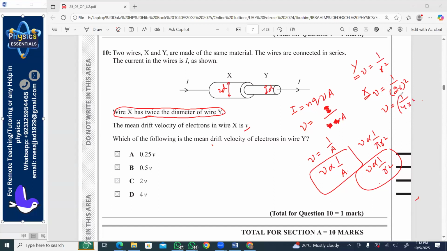So 1 by 4 is going to be 0.25, right? So it means my speed is going to have an impact of about 0.25.